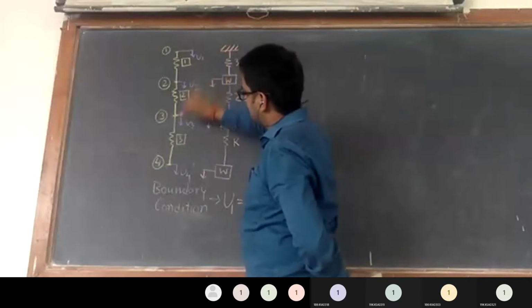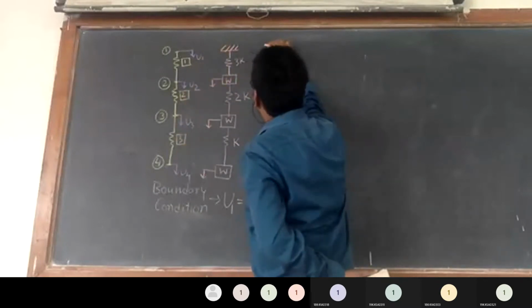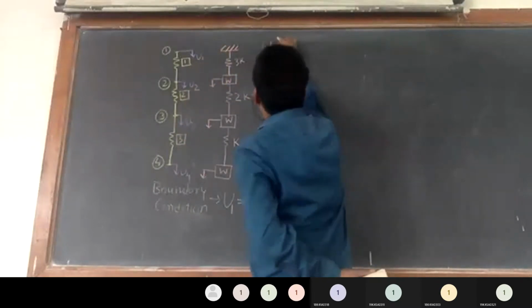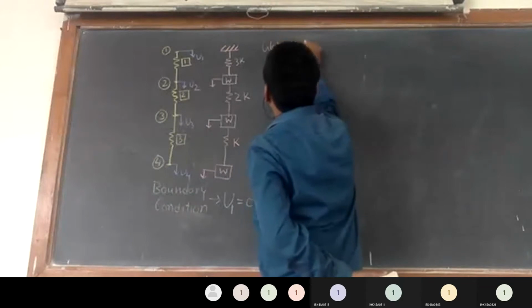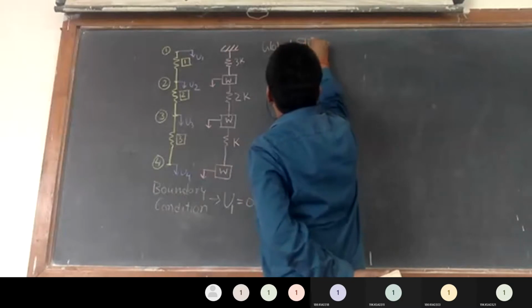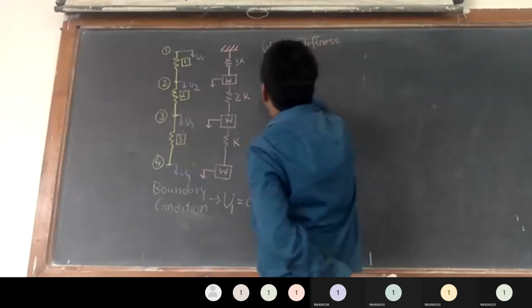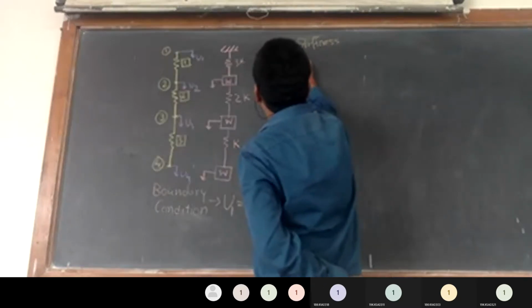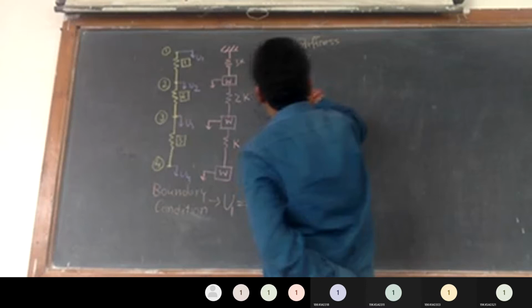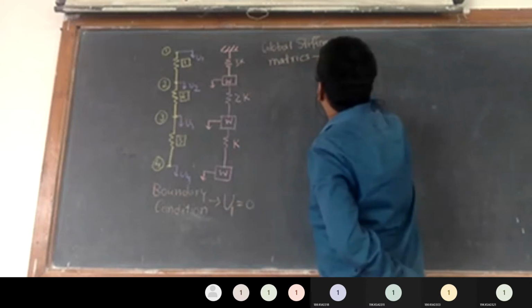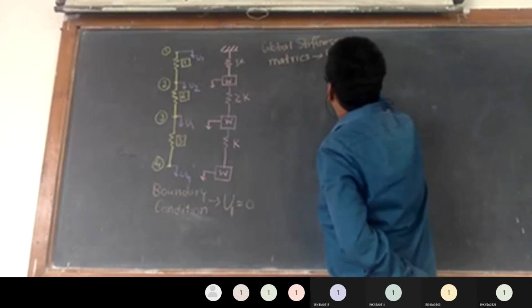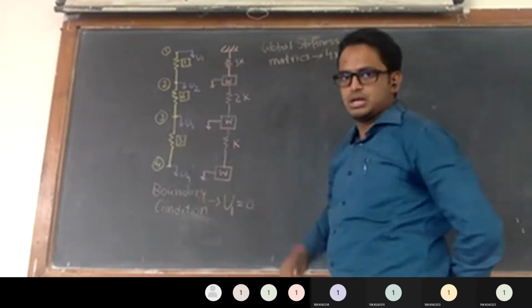As soon as you confirm the number of nodes, you can write: global stiffness matrix will be of the order 4 cross 4, since we have 4 nodes.